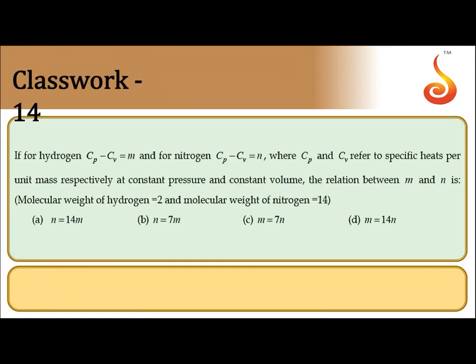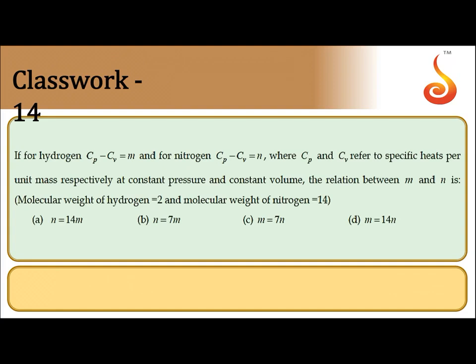If for hydrogen Cp minus Cv is equal to m, and for nitrogen Cp minus Cv is equal to n, where Cp and Cv refer to specific heat per unit mass at constant pressure and constant volume, the relation between m and n is asked. Molecular weight of hydrogen is 2, molecular weight of nitrogen is 14.